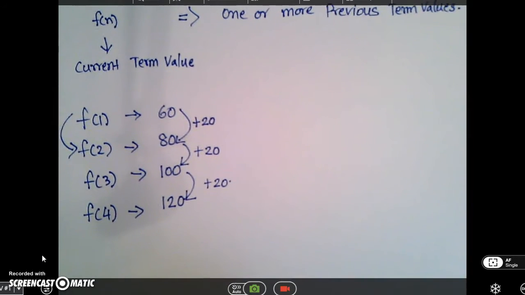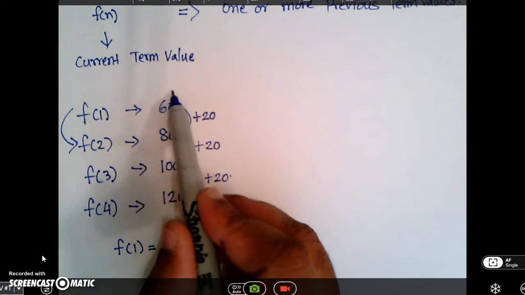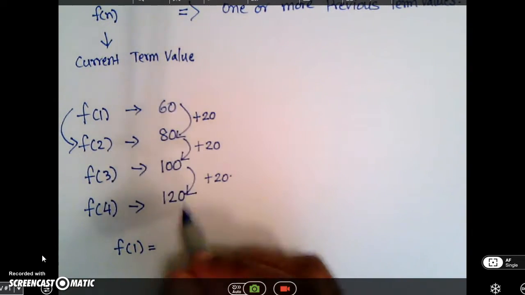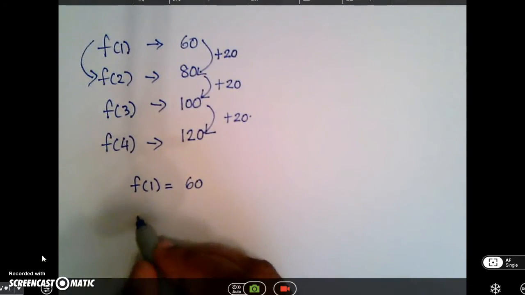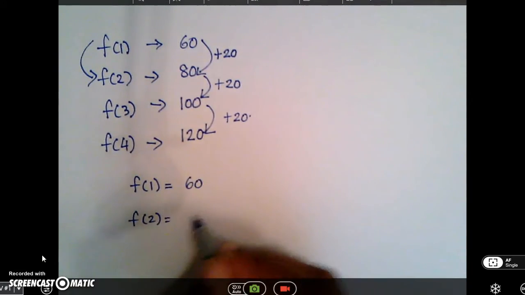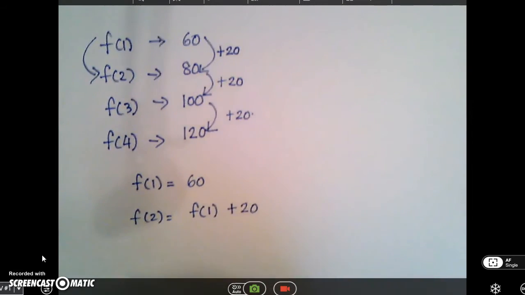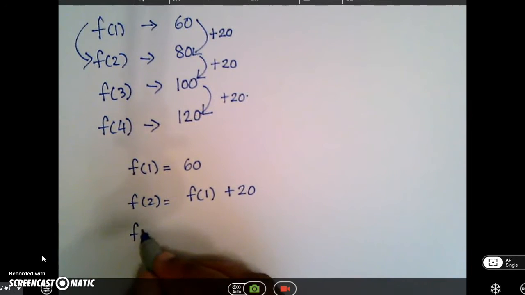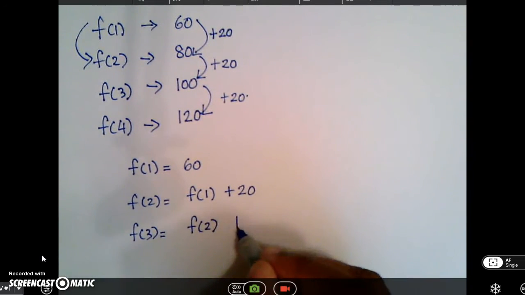Okay, so if I have to generalize this rule, my f of 1, I don't have any term in front of it, so I have to write it as is. F of 2 will be f of 1 plus 20. F of 3 will be f of 2 plus 20.